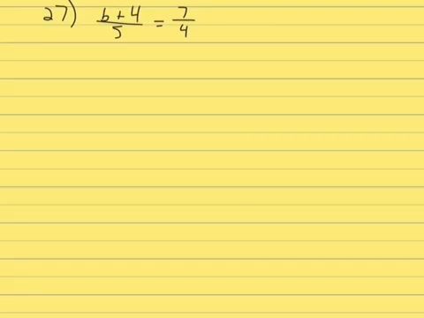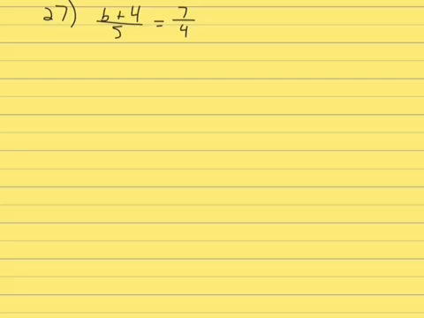So you can see that this is why I suggest that we practice proper method, because the picnic table method doesn't work for proportions where you have algebraic expressions in part of the fraction.